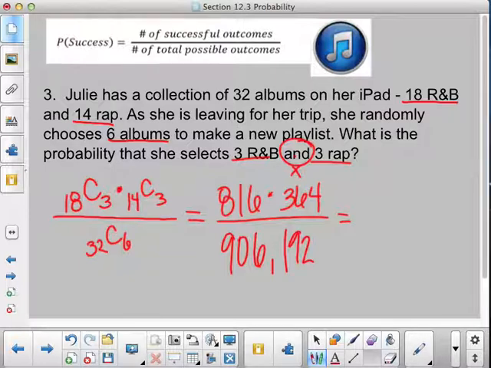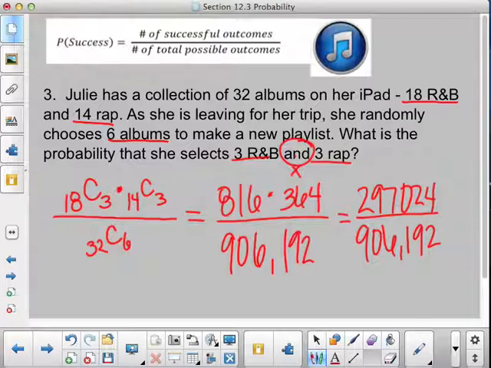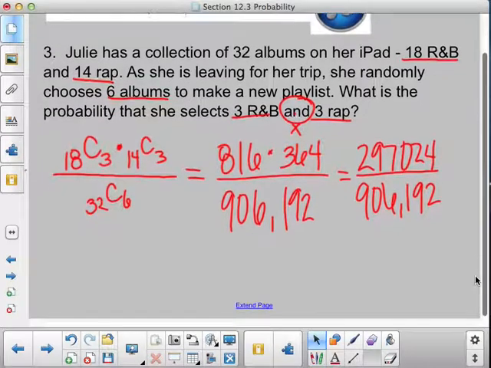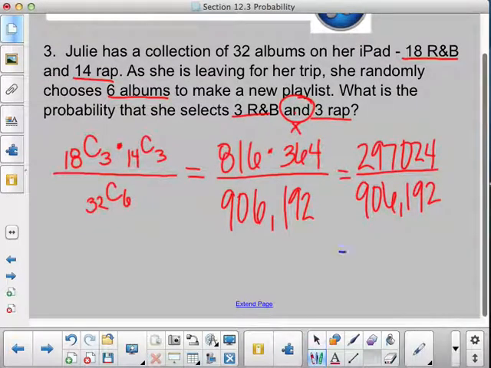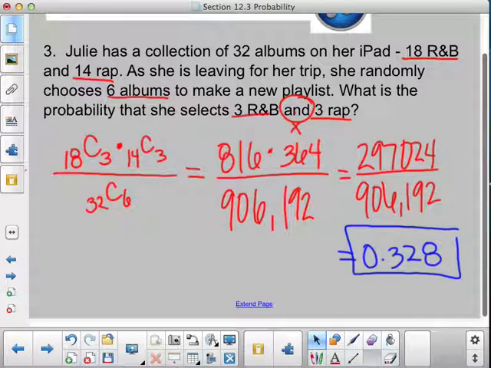Then if I go ahead and multiply my numerator, I get 297,024, still over 906,192. And if I actually go ahead and do that division, I get 0.328. So the probability of her selecting 3 rap and 3 R&B is 32.8%.